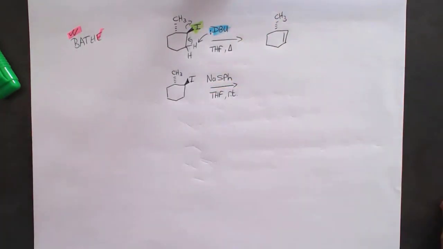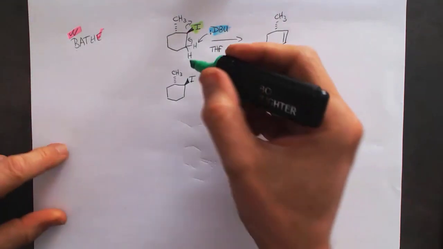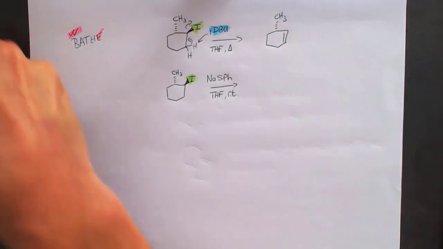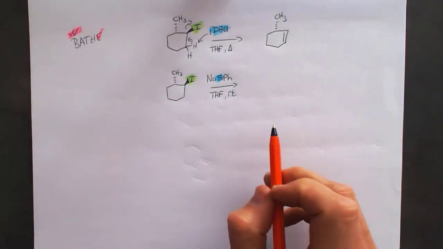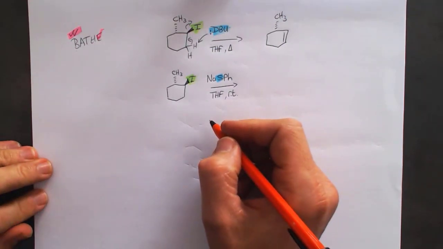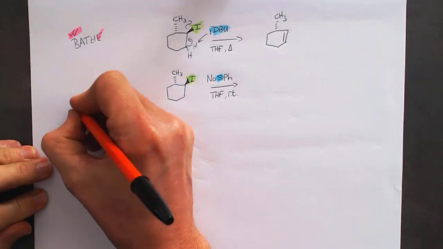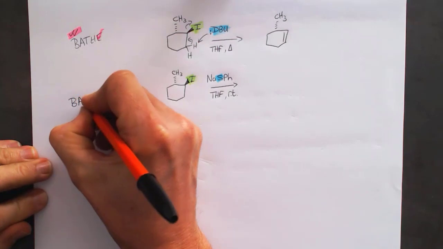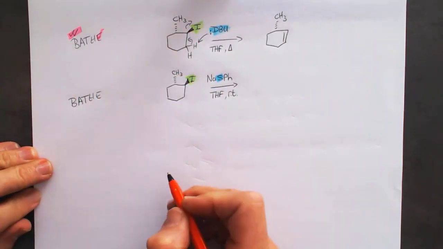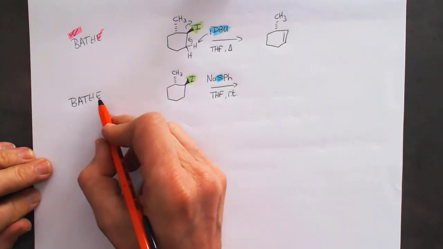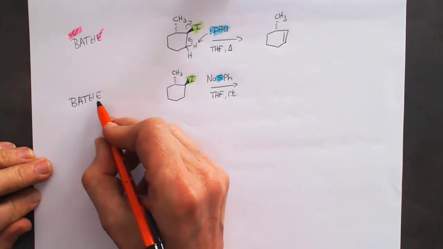Let's look at the next question as well. Once again, we can identify we've got a leaving group over there. And here we've got an S minus, and an S minus is a good sort of nucleophile. When we go to the battle, the question of course is, do we have the chance of elimination?